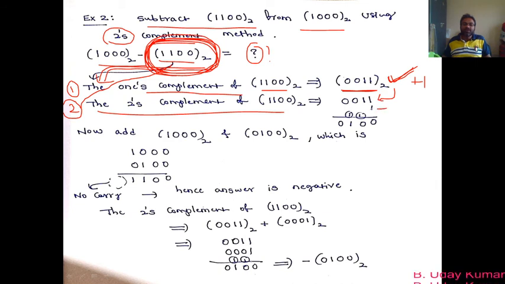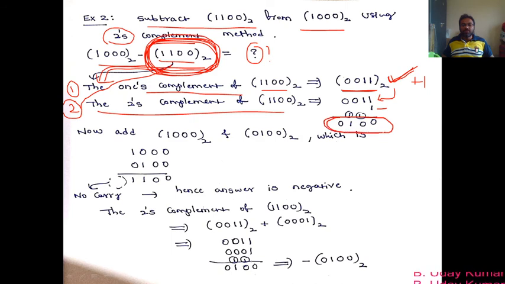That means we are adding 1 to 0011, the 1's complement of 1100. If you do so, you get the 2's complement. So just find its answer. What do you get? 1 plus 1 is 10, and 1 plus 1 is 10, and you get 1 here and you get 0 here. So you get 0100 here. So this is the answer that you get. So this is your 2's complement.